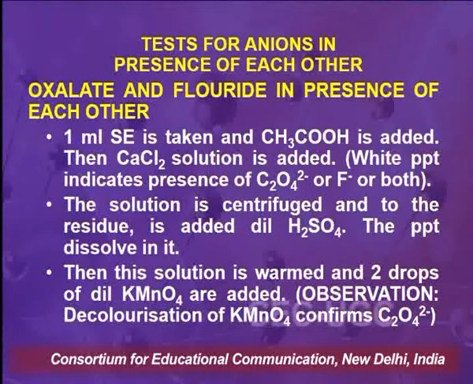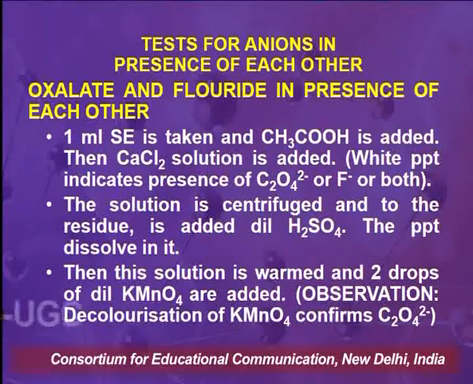The solution is then centrifuged and the residue is taken, and to the residue dilute sulfuric acid is added. The precipitates will dissolve in it. In this case, if the precipitates dissolve, then this solution is taken, it is warmed and 2 drops of dilute KMnO4 solution are added to it.